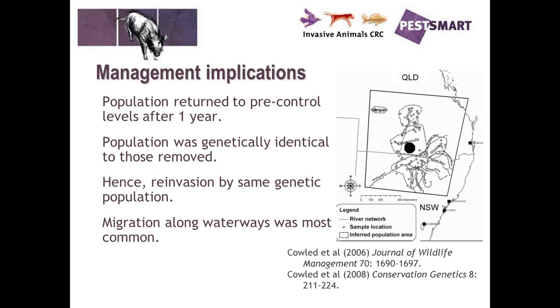We also found that the population was genetically identical to those removed, so we actually weren't targeting the whole population, and as soon as you moved out that chunk, the rest moved in, and as I said, the same genetic population reinvaded the area. And it was found that migration was typically along waterways, which has been common and has been noted in many other studies.